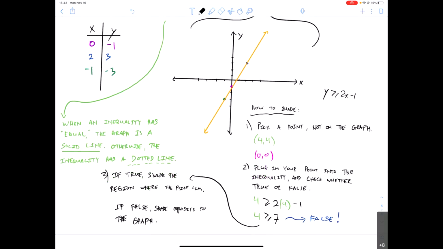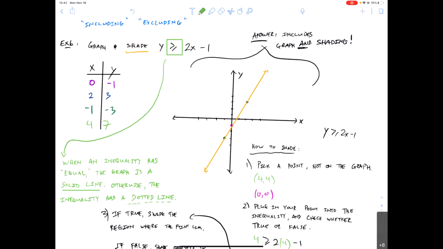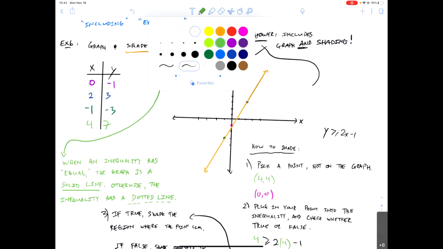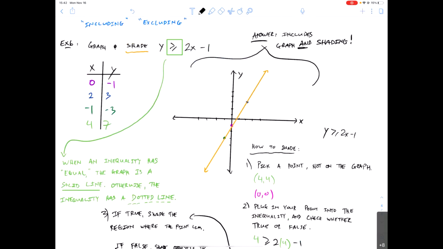Now I plugged in 4, and we got 7. So you plug in 4, and then you go up 7. Got to draw more ticks. 5, 6, 7. So here's 4, I'm going to go up 7. It looks like it's on the graph, but it's not.